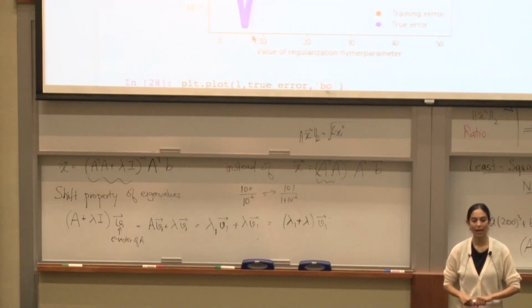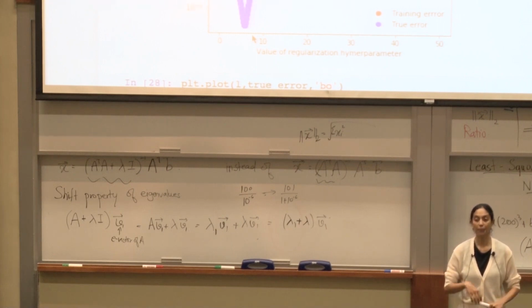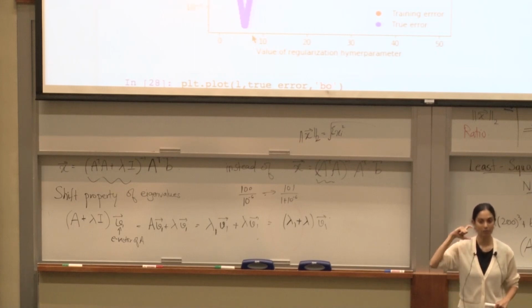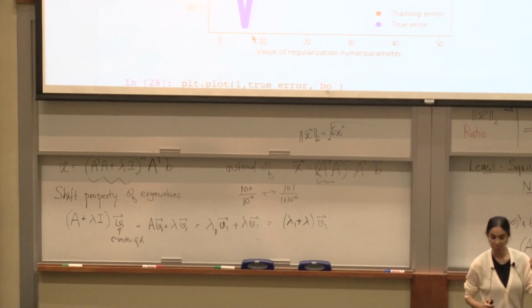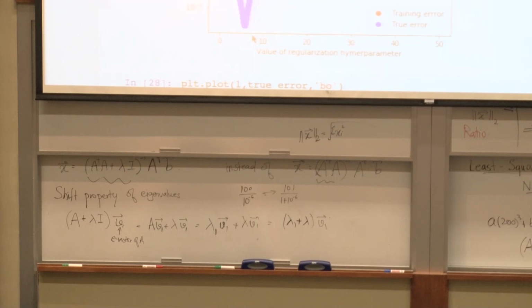Why couldn't we just change some eigenvalues and not others? You could selectively change eigenvalues by adding specific vectors in specific directions. It's just more complicated. You would have to find the SVD of A, you'd have to find exactly the appropriate basis. So this is a more general way to do this.